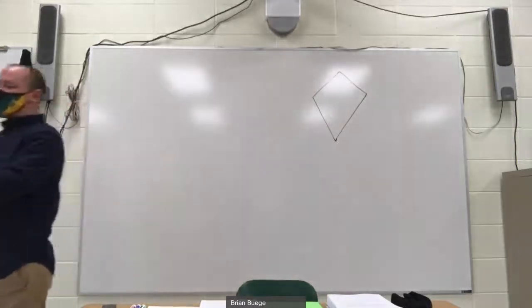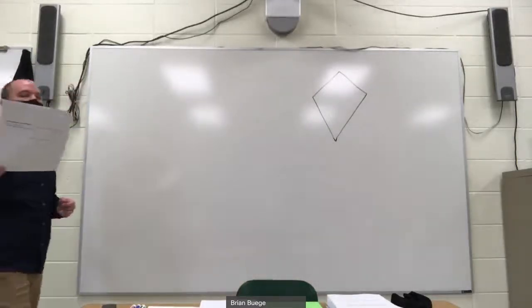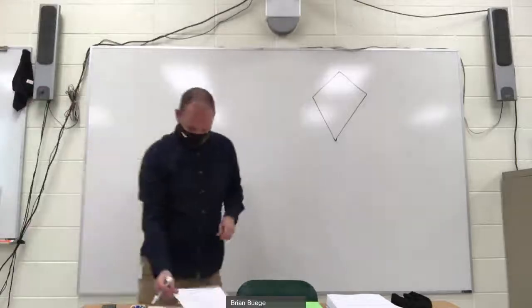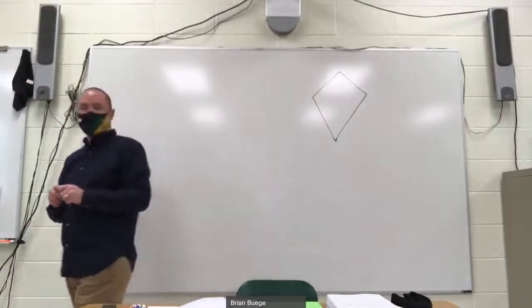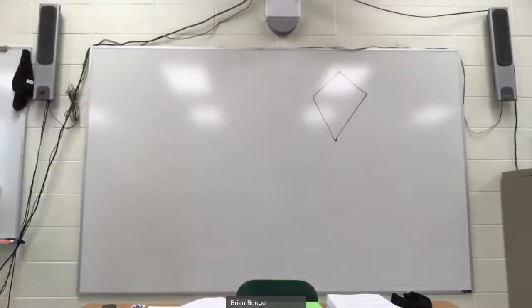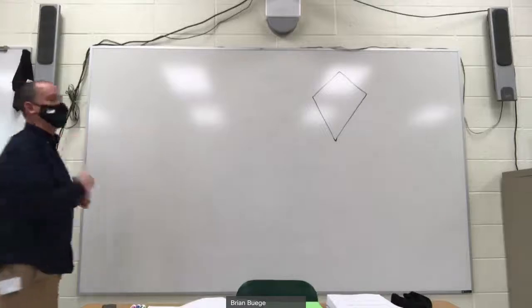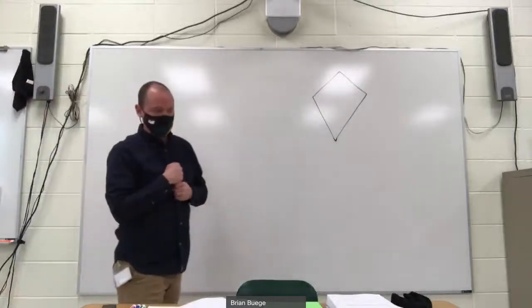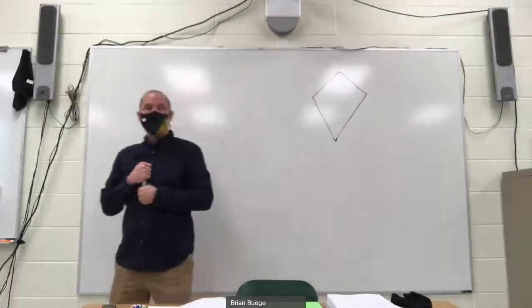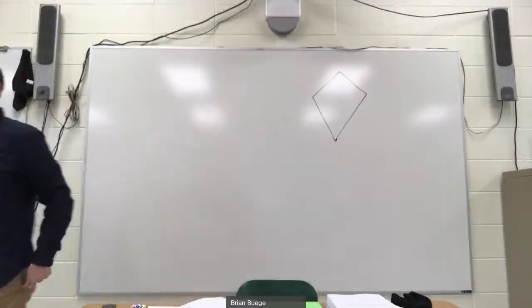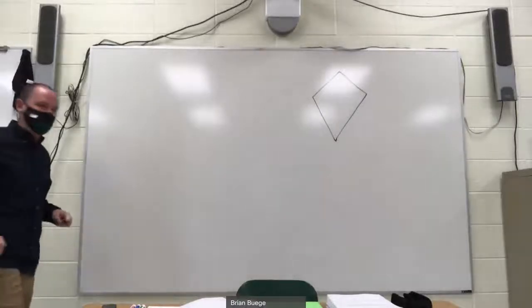Okay. Definition of a kite is it is a quadrilateral, four-sided shape with two distinct pairs of consecutive congruent sides. And I'll show you what that means in just a second. A quadrilateral with two distinct pairs of consecutive congruent sides.